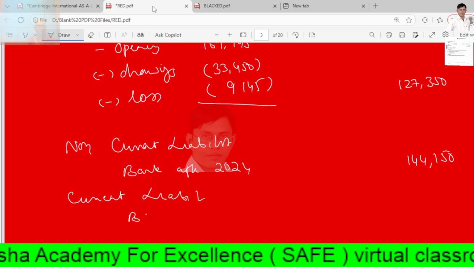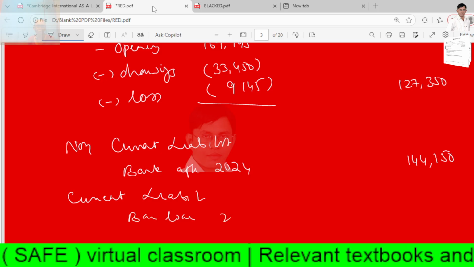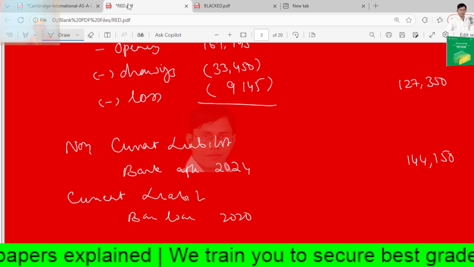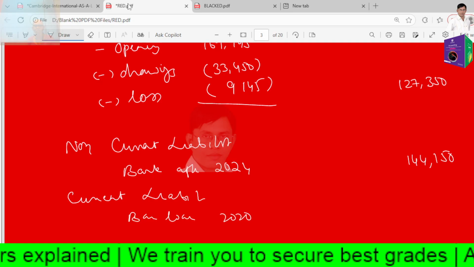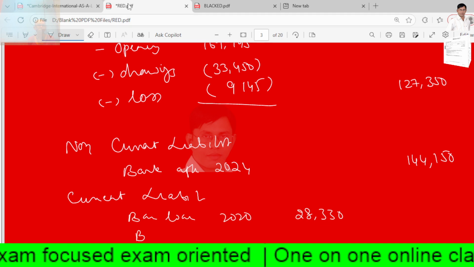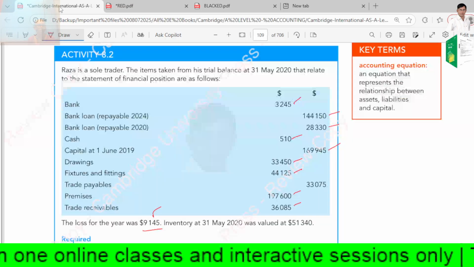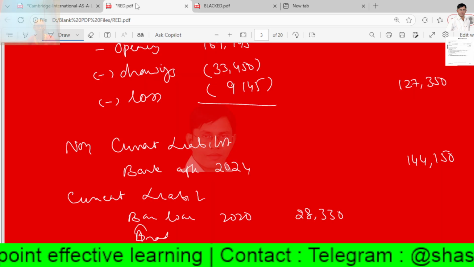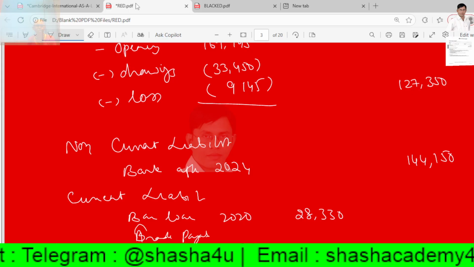Bank loan 2020: 28,330. Then bills payable or accounts payable, trade payables 33075. Trade payables, how much? 33075.